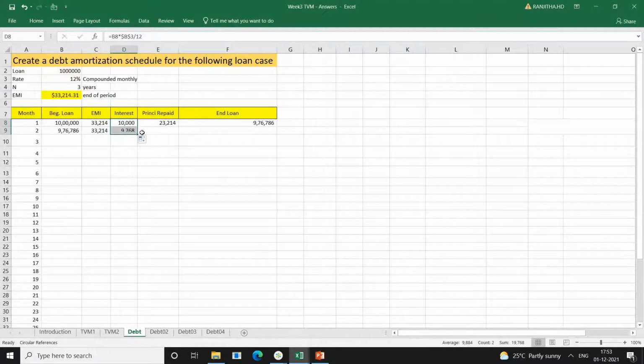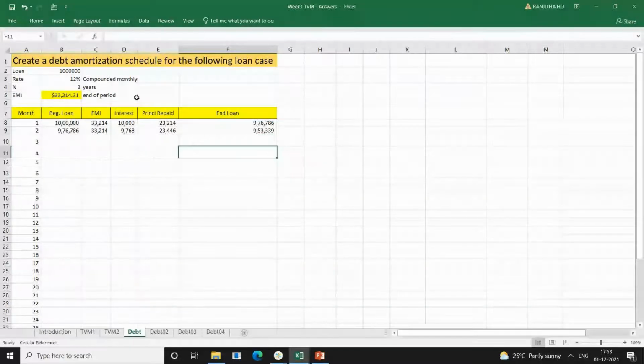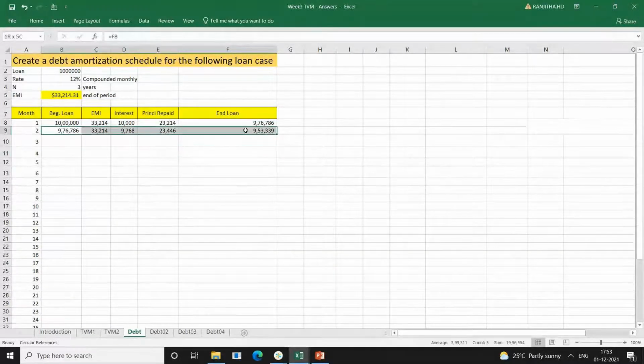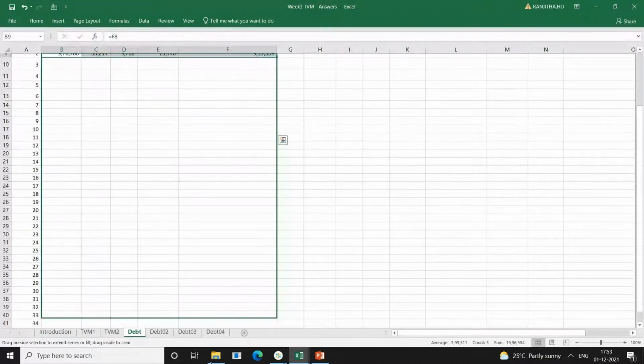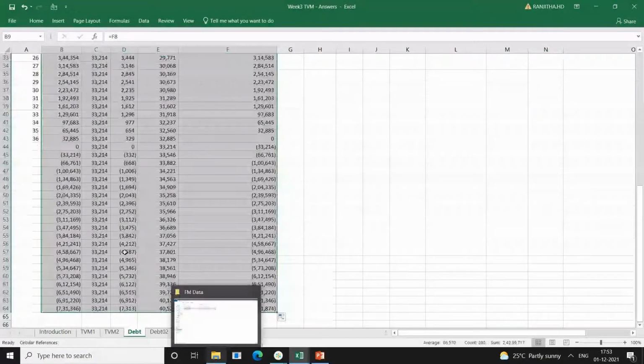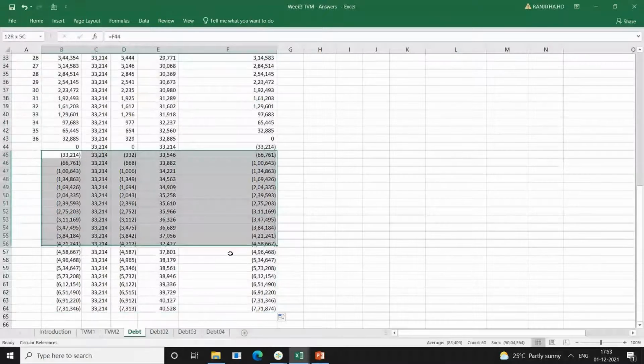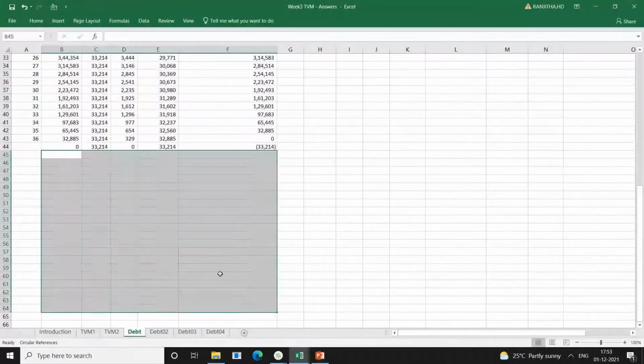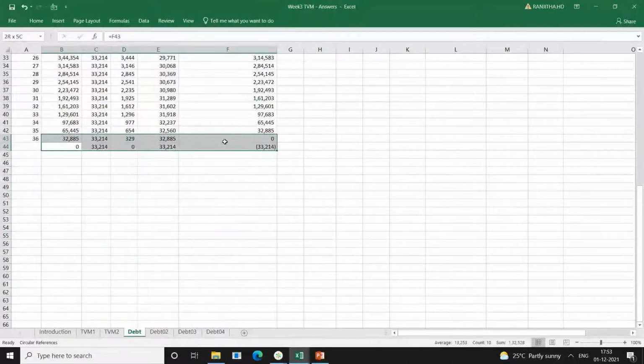Now select all together and drag down. Your end amount is 0 now.